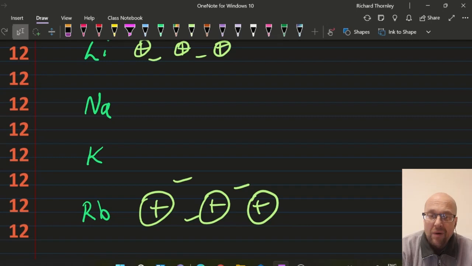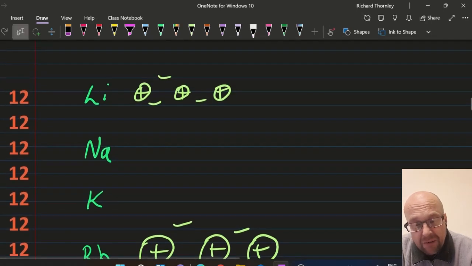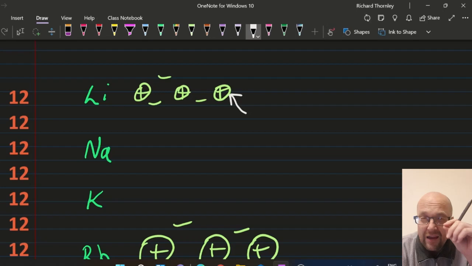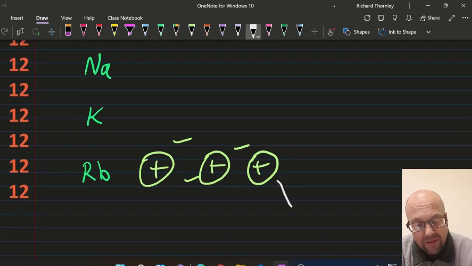Well, they're both +1, so you might naively think the bond's going to be the same strength because each ion is +1. But it's to do with charge density. This +1 in the lithium is concentrated into a tiny little ion, and so it behaves much more attractively than the +1 in the rubidium.